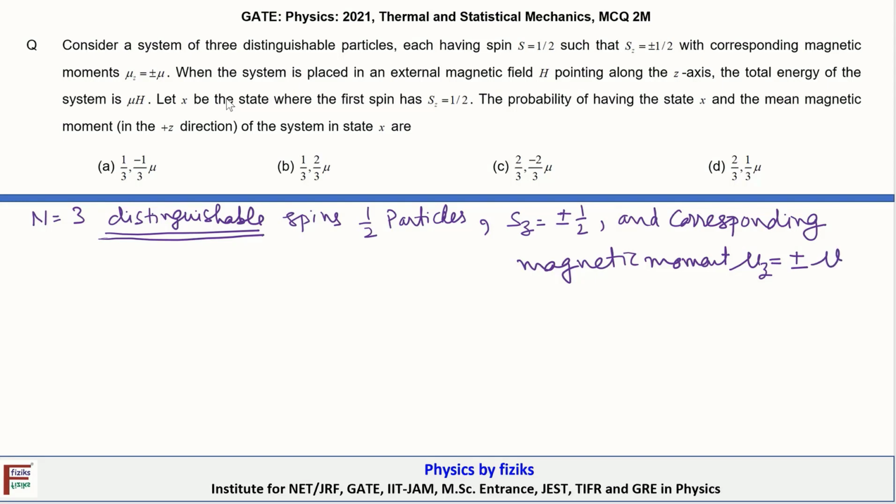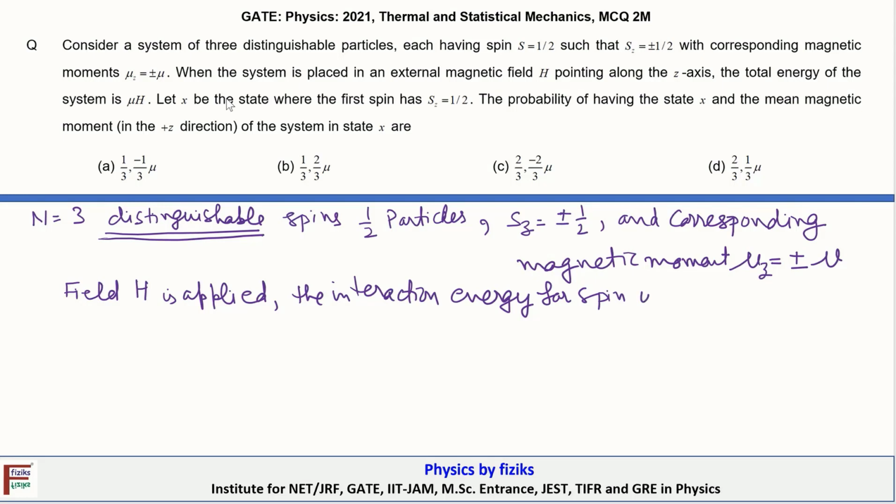Now, if an external field H is applied, then the interaction energy for a spin which aligns along the field, if I call that energy E1, represents the interaction energy of the spin when it is aligning along the field direction.